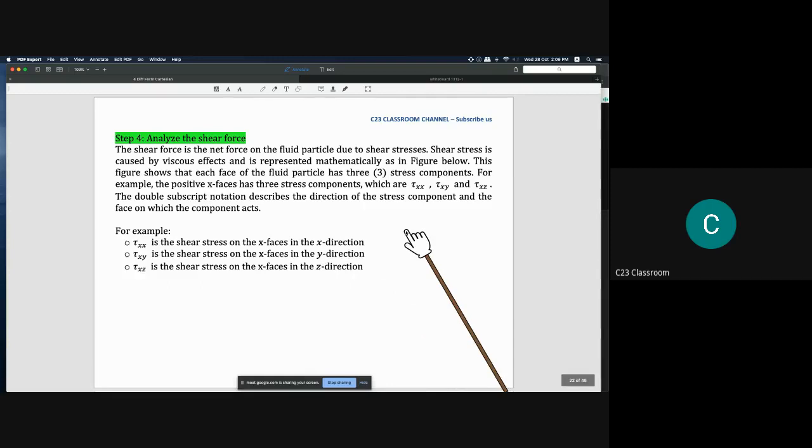Then we need to analyze also the shear force, meaning the force that comes out of the shear stress. This idea was actually explained to you in the previous chapter. Because we have one condition called the no slip condition, where the molecule sticks very hard on a surface, then it will create force.